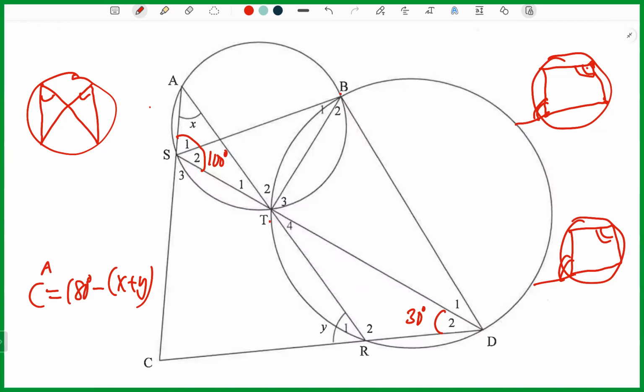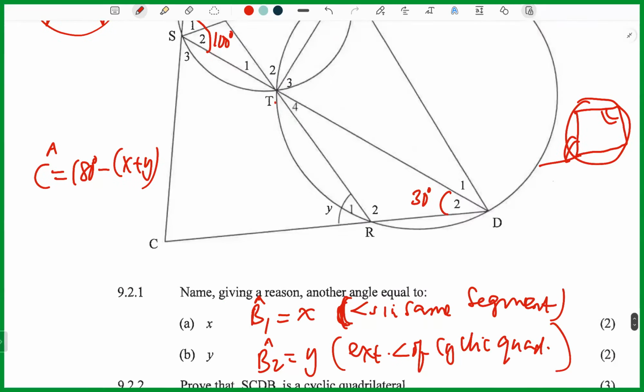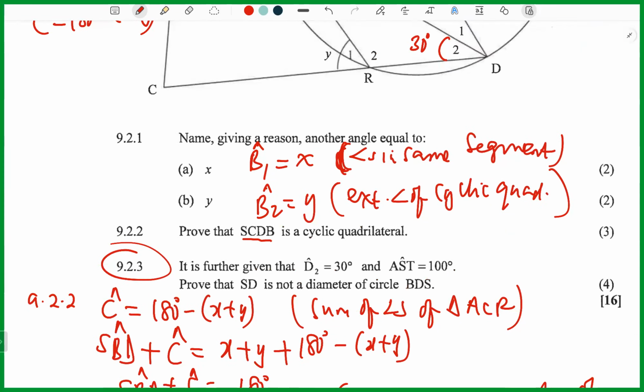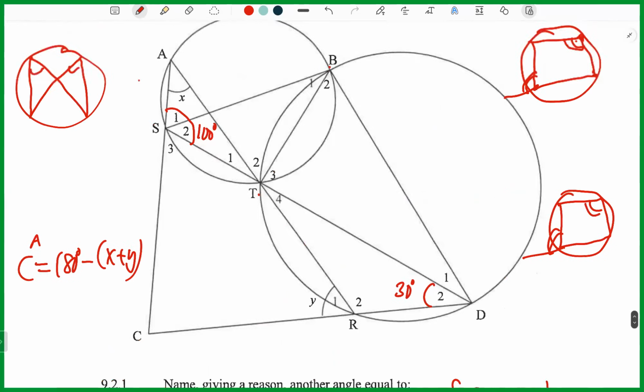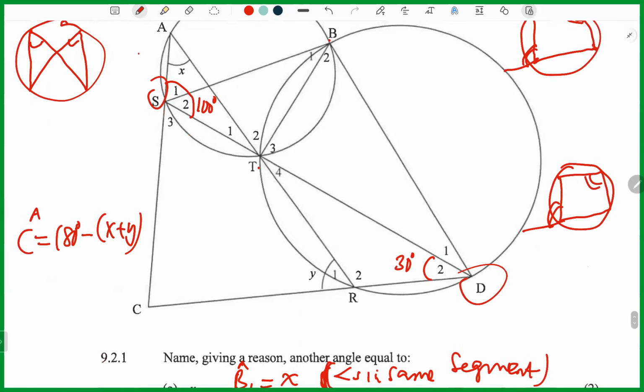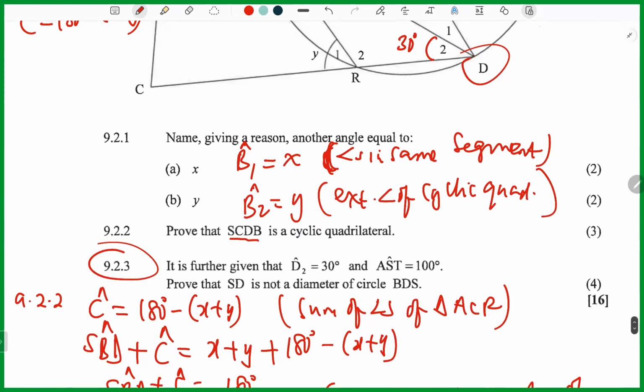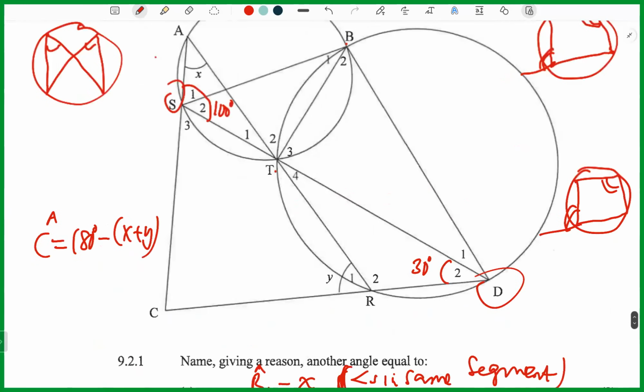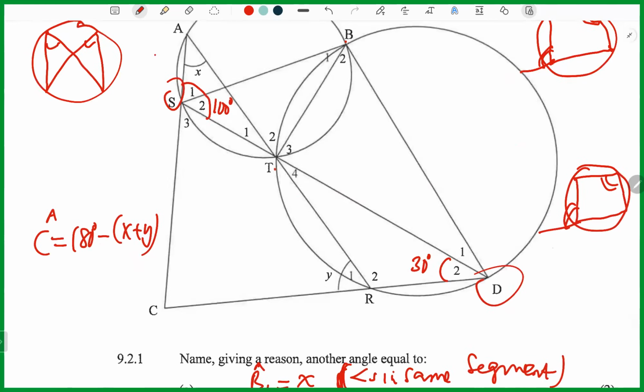Okay, so we continue. All right, so if this is the case, what do they want us to do? Prove that SD is not a diameter of circle BDS.